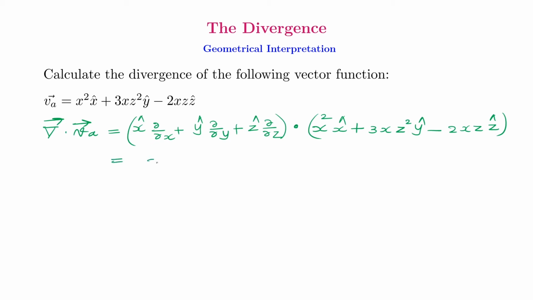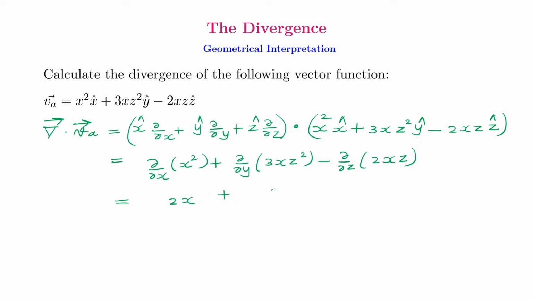This is equal to ∂/∂x of x² plus ∂/∂y of 3xz² minus ∂/∂z of 2xz. This is equal to 2x plus 0 minus 2x. This is equal to 0. That indicates that the vector function VA has zero divergence.